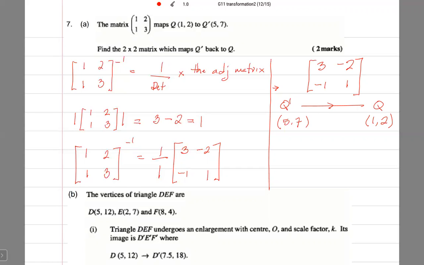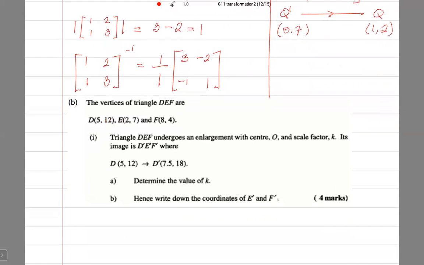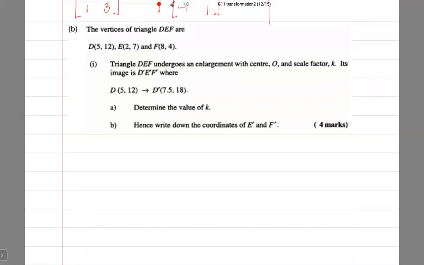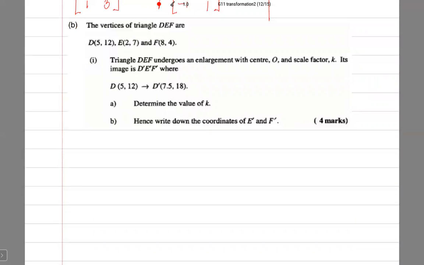All right, now let's have a look at B. We're told that the vertices of triangle DEF are D, which is (5, 12), E, which is (2, 7), and F, which is (8, 4).